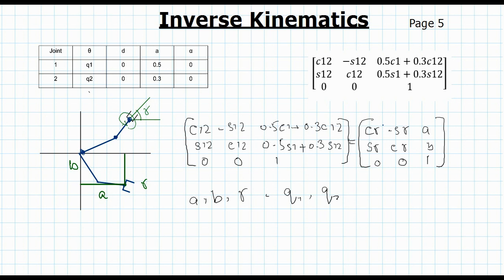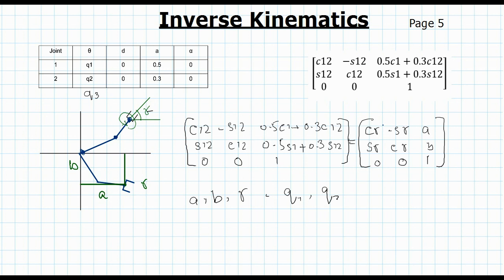That is important. In some workspace, there will be some part of the plane where we can achieve arbitrary values for a, b and gamma. That is, we can control both the position and orientation, now that we have added this third degree of freedom, q3, a joint at the wrist.